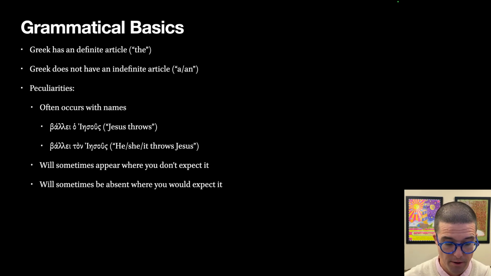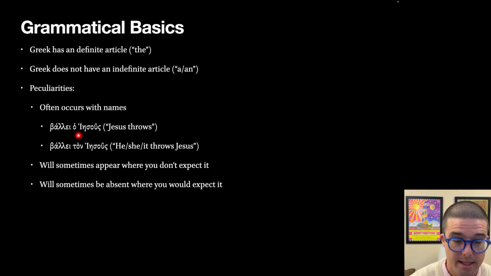So for example, Jesus often does not decline. So if we want to know whether Jesus throws or Jesus is being thrown, with this one, the ho here is the nominative definite article in the singular. So it's going to tell us that Jesus is in the nominative, even though Jesus's name does not change to indicate that it's in the nominative.